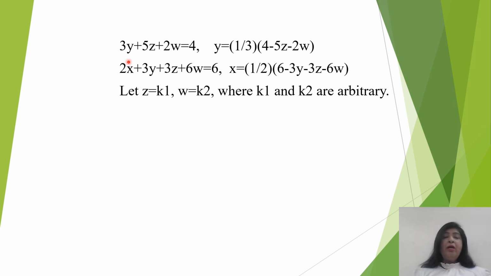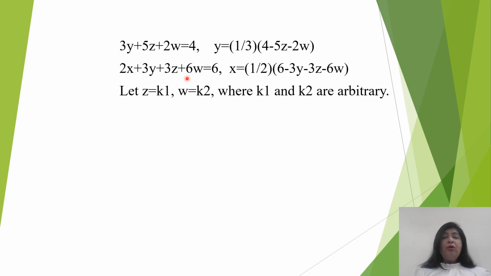So we will solve the second as well as the first equation, which is 3y plus 5z plus 2w is equal to 4. Or you can find the value of y from here. Solve it out. You will get y is equal to 1 by 3 times 4 minus 5z minus 2w.